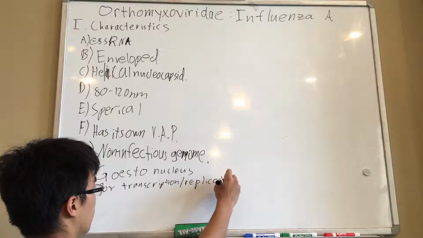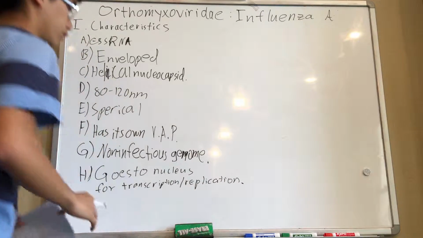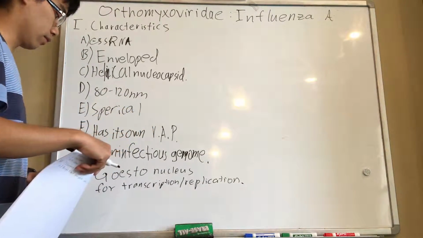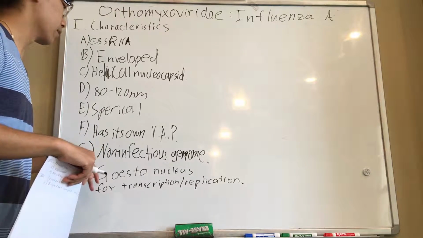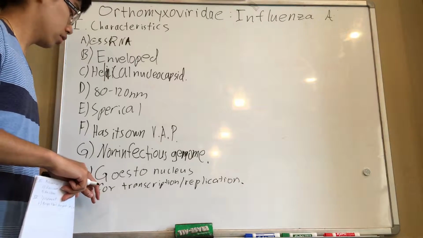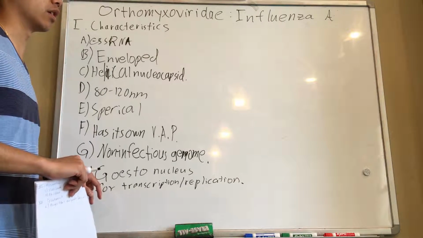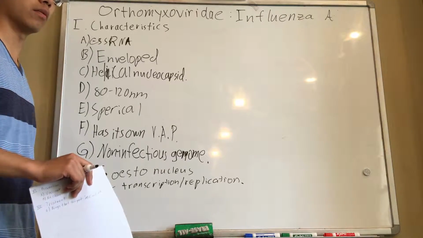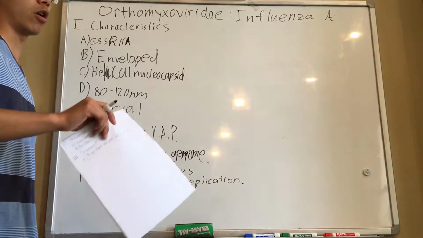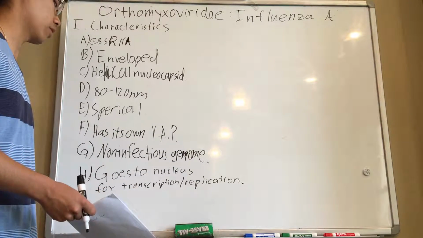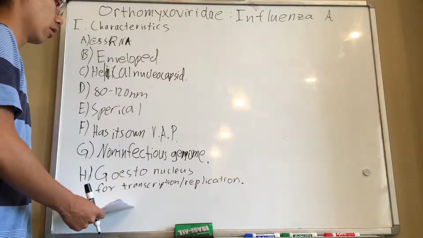Replication. You'll see why it does this. Basically, flu goes to the nucleus because it steals cellular mRNA caps. Again, we'll go into more detail about that later.